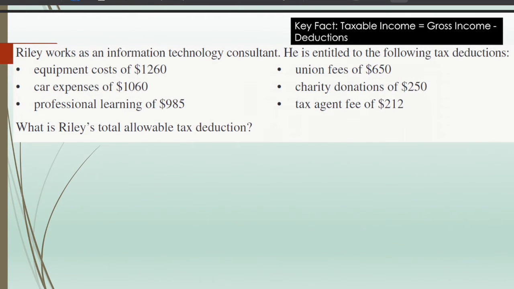All right, let's practice some calculations. Our friend Riley here is an IT consultant, and this is a list of all the potential tax deductions he can have in a year. So if we want to know what his total allowable tax deductions are, literally all we're doing is adding up all these numbers.